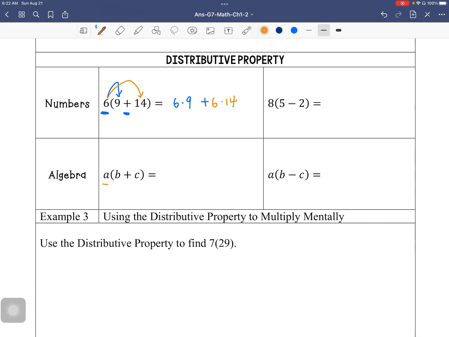And then for algebra, it's A times B plus A times C. For the numbers, it's A times 5, the whole thing needs to minus A times 2.